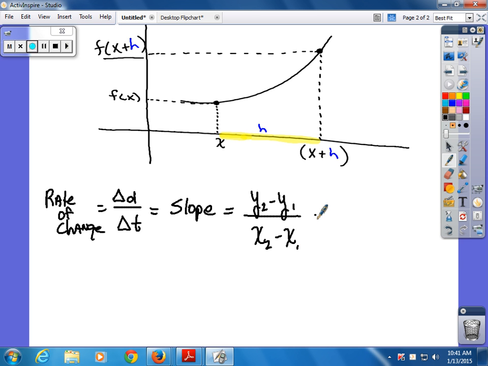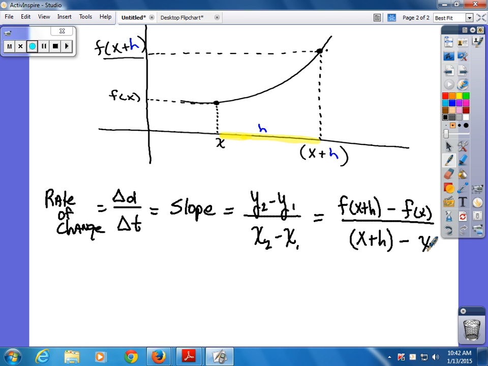Well, let's plug in our numbers. What's y sub 2? There's y sub 2 right here. Y sub 2 is f of x plus h, minus f of x, over x plus h minus x.